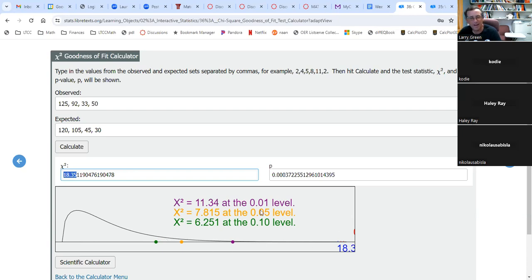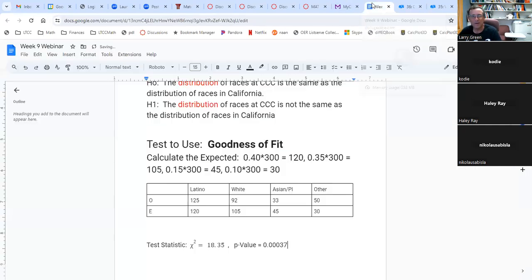And you can see it for the 5% and the 10%, and you can see where we are, way, way over here, 18.3 or so. It's way down here. Okay, so hopefully it's really clear what to do. So our p-value is really tiny. So what do you get to conclude when the p-value is really tiny?